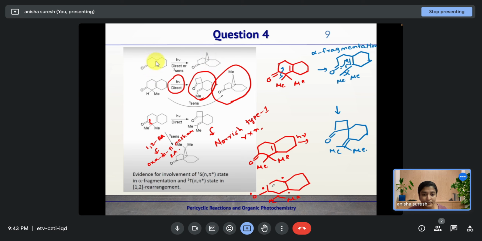Now radical recombination will take place. These two radicals will combine, then they will break and then recombine, giving this system. A tertiary radical will be formed while breaking.